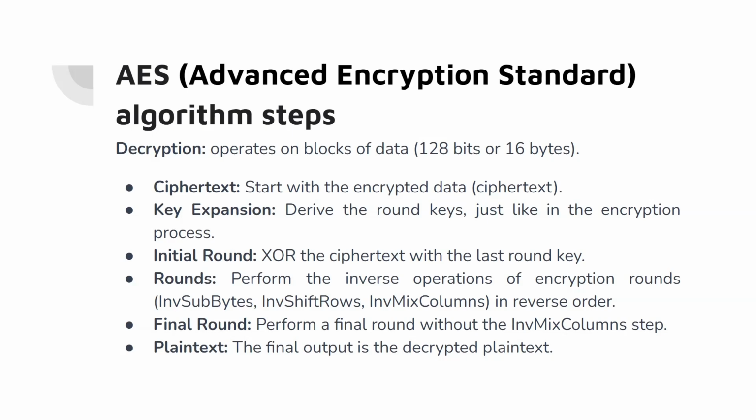In each round, the operations performed are the inverse mixed columns and inverse shift rows. All of these are inverted for each round. The final round doesn't include the inverse mixed columns step.